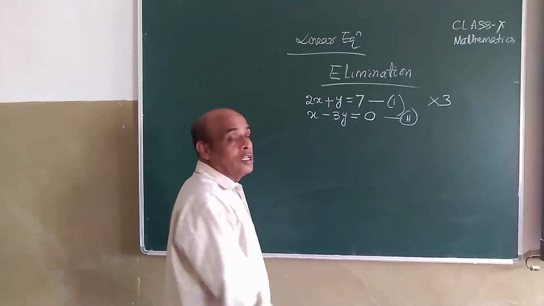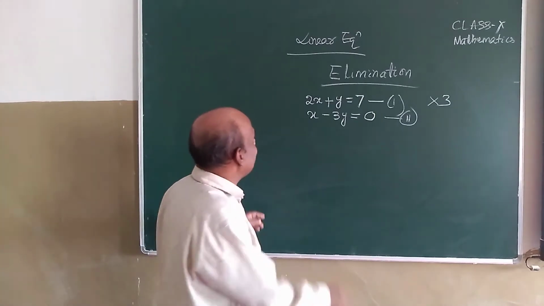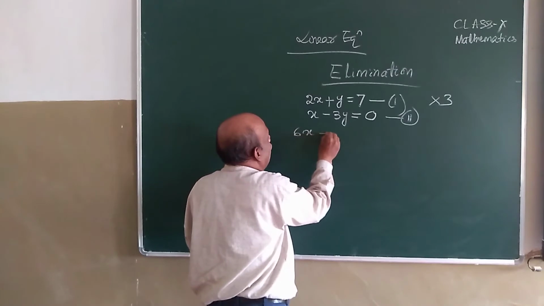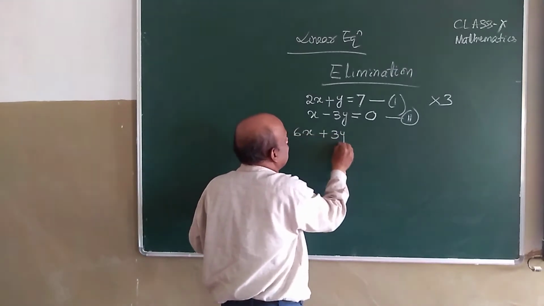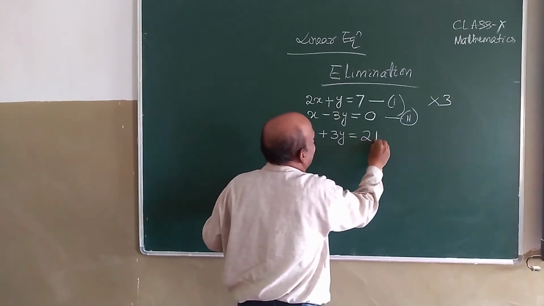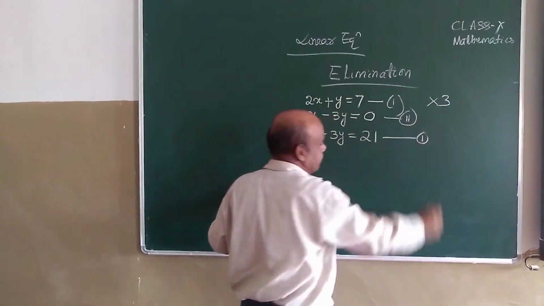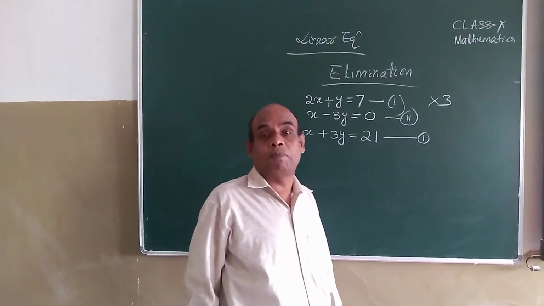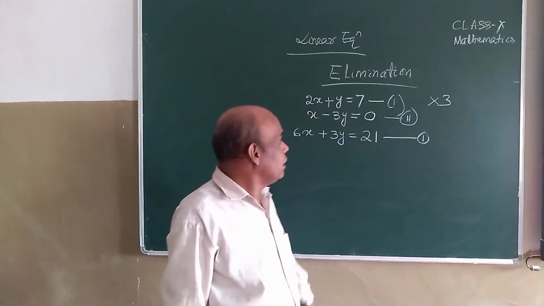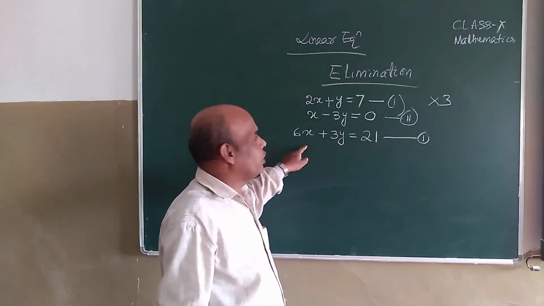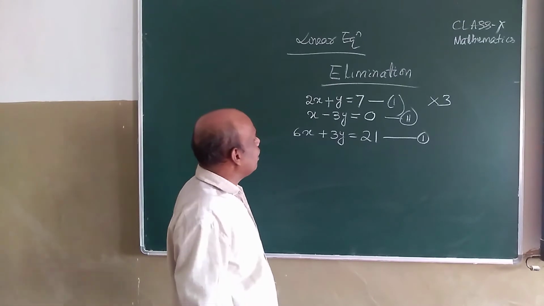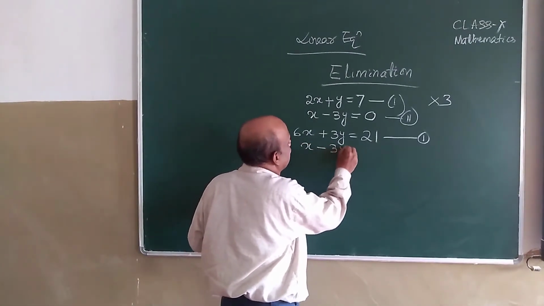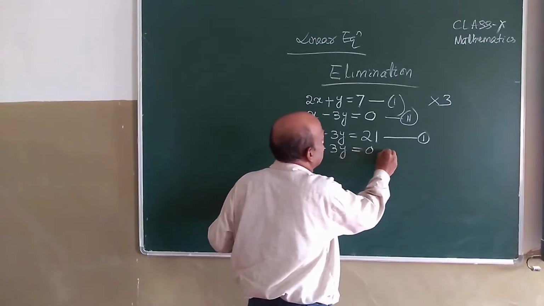So now the first equation becomes 3 into 2x, 6x plus 3y is equal to 21. Whenever the first equation is multiplied by 3, you get this new equation. The second equation stays as it is: x minus 3y is equal to 0.